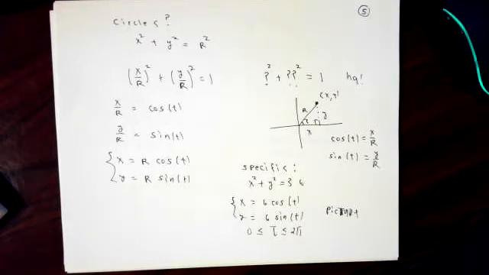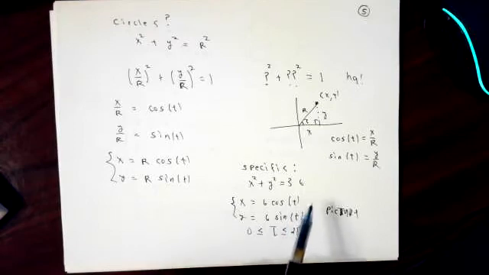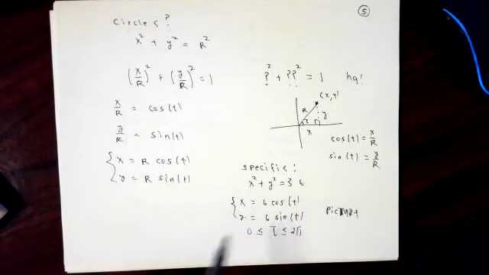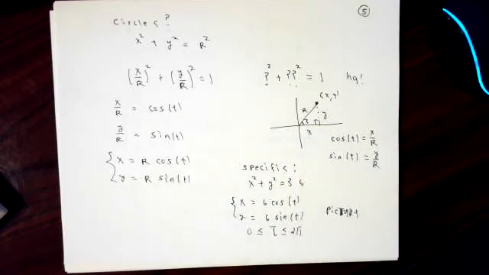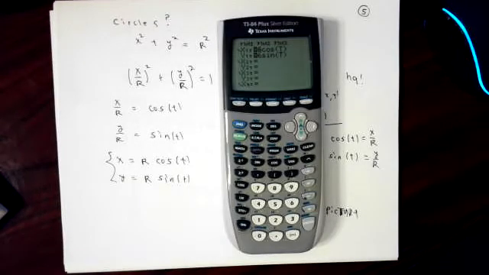Now, to be exact, x squared plus y squared equals 36. If I let x equal 6 cosine t and y equals 6 sine t for t from 0 to 2 pi, this is why they picked that default, I should get a picture of my circle, centered at the origin, radius 6. So I've already gone on and typed in my x1 and my y1.